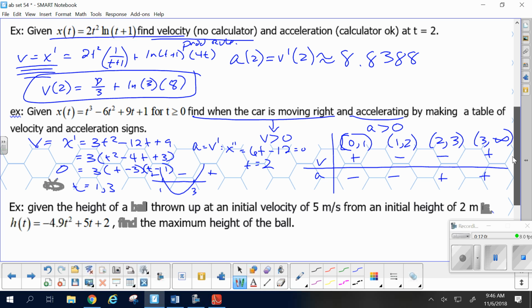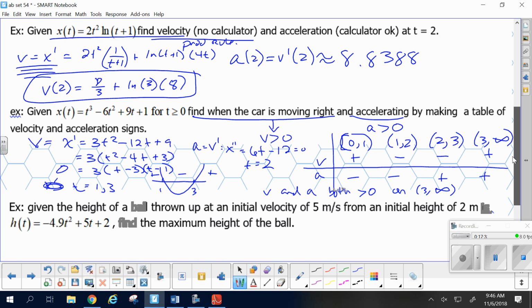Now answering the question, when is the car moving right and accelerating? Moving right would mean velocity is positive, accelerating means acceleration is positive. When are both positive? 3 to infinity, okay? V and acceleration are both greater than 0 on 3 to infinity.